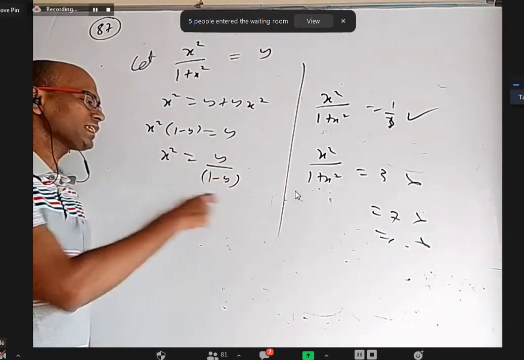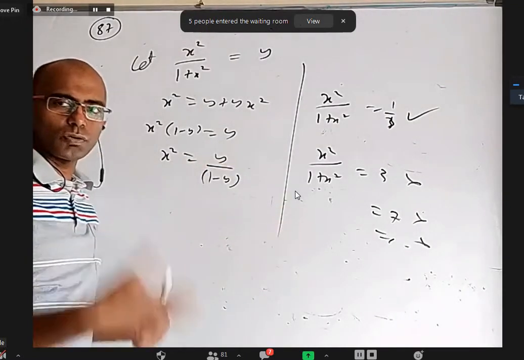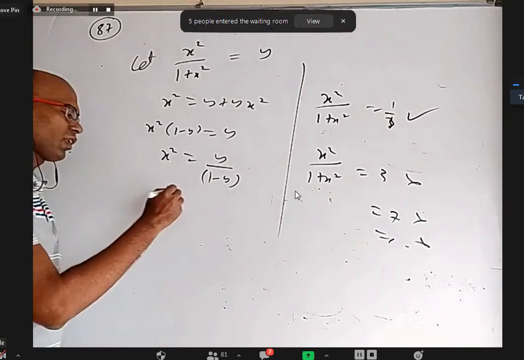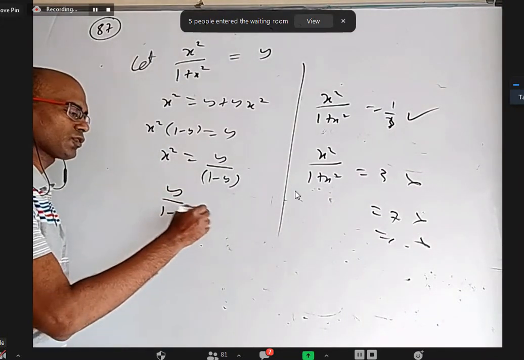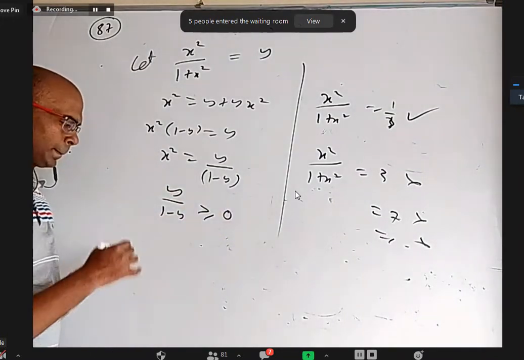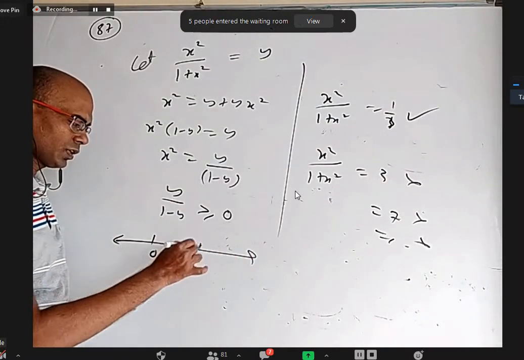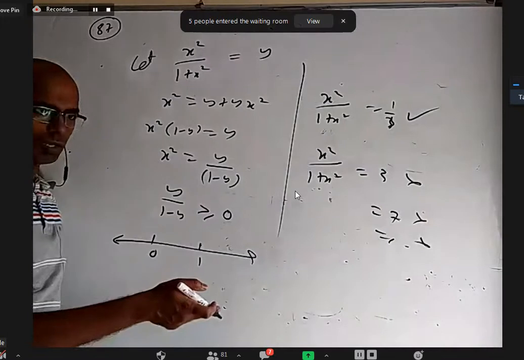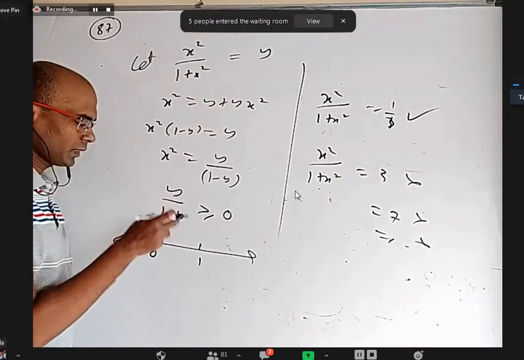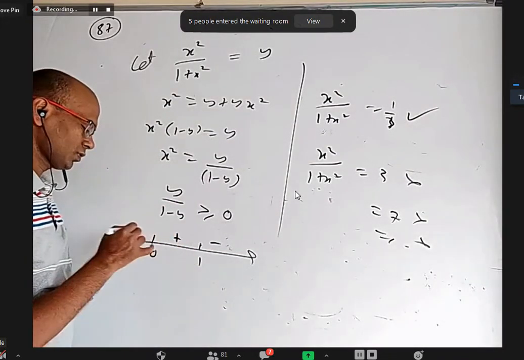If it is negative, x square cannot give you a solution. So y by 1 minus y should be greater than or equal to 0. All of you know the usual number line for this. At 0 it is 0, at 1 it is undefined. Anything more than 1 is negative, so negative, positive, negative.